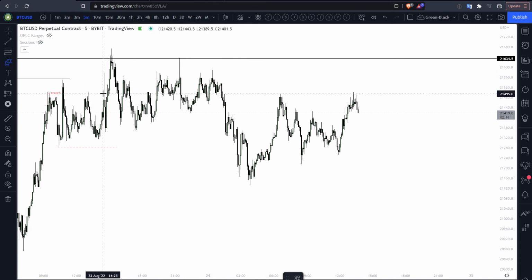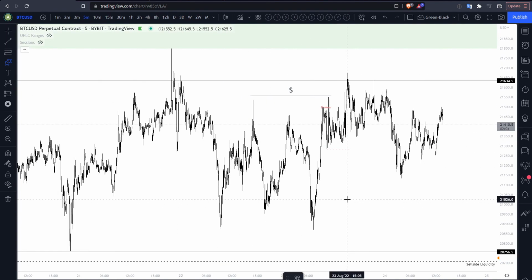Why? Because the liquidity was already grabbed. So there was a real reason for the market to reverse course and to continue lower, to either keep ranging or grab the liquidity from the range lows.